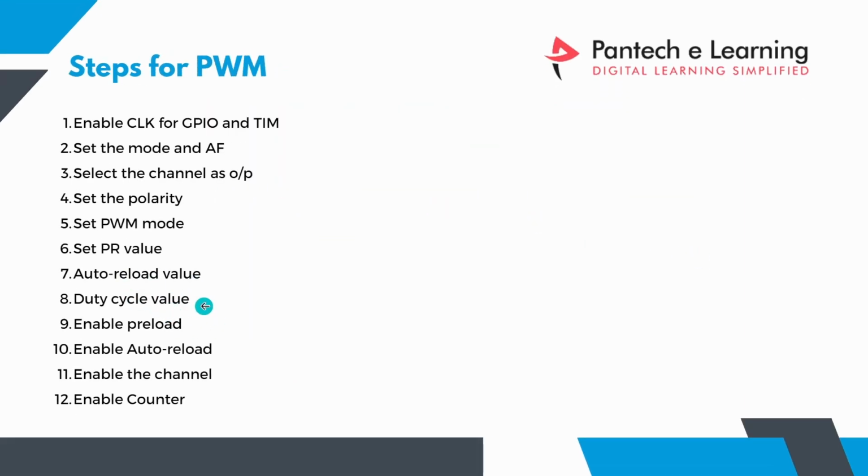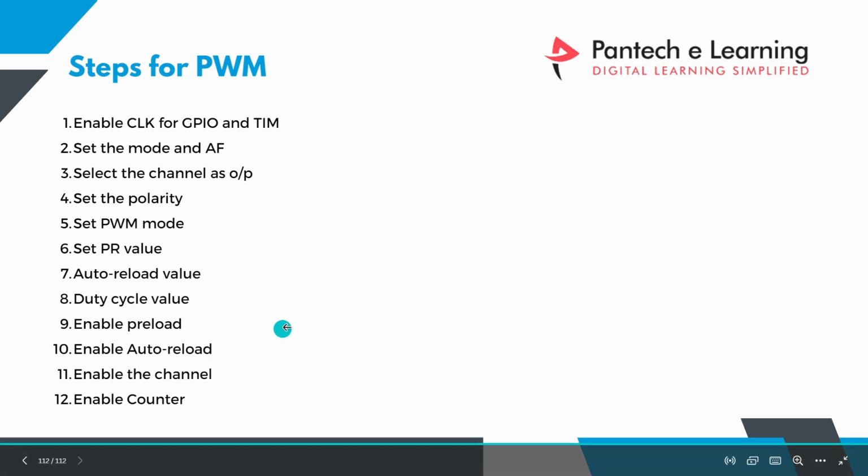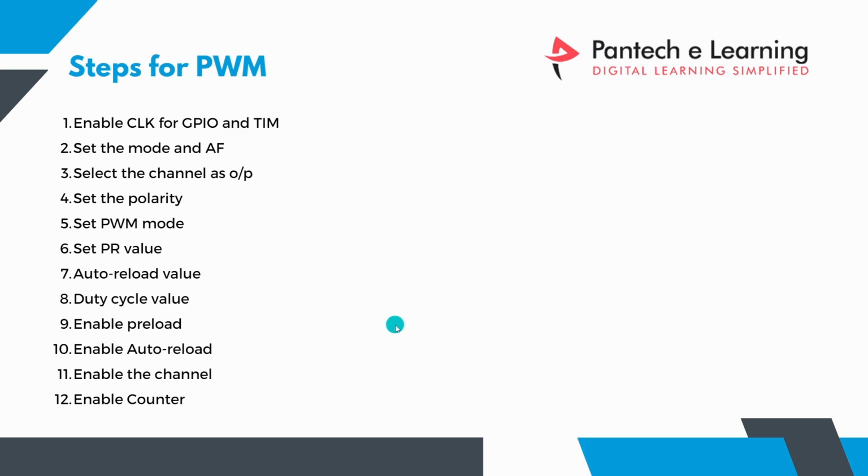Then we have to give the duty cycle, which says when to turn off. Then we will enable the preload and the auto reload function. Then we will enable the channels. Finally we have to enable the timer, counter or timer, both are the same. These are the steps we are going to follow for developing the code. So guys, now we will get into the registers and develop the code.